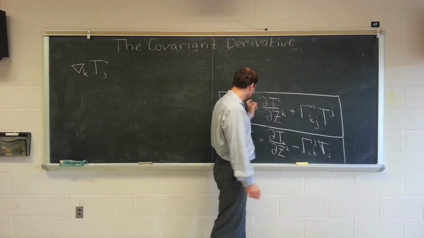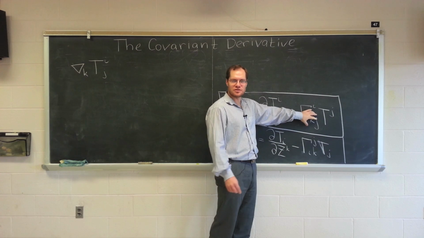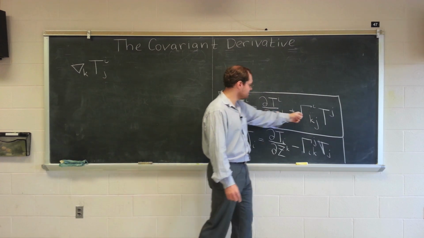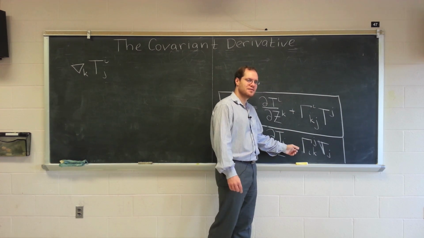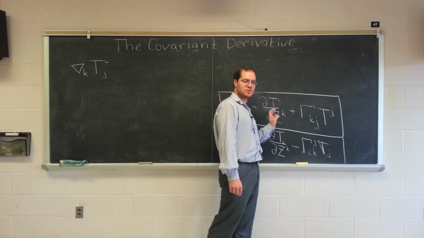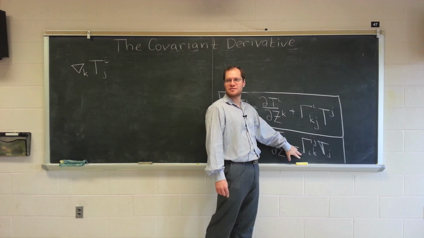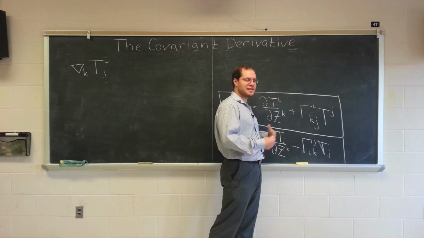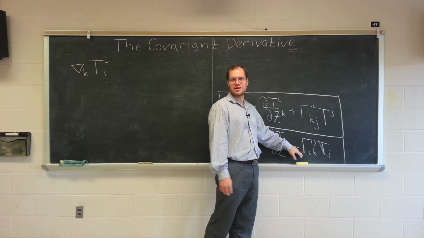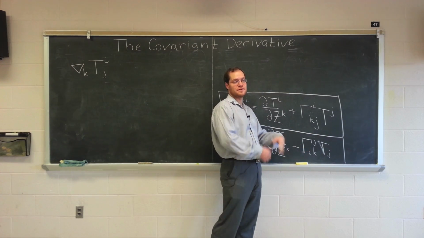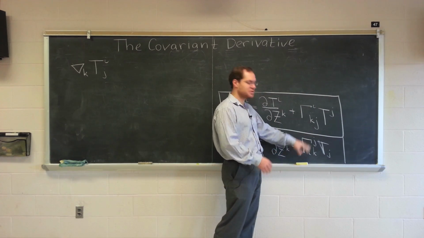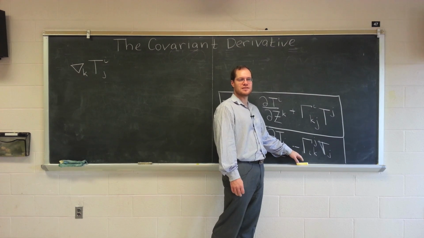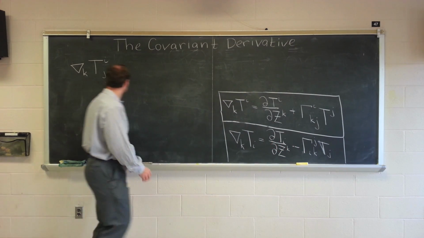So if there is only one index, there's one additional term. If it's contravariant, it's this. If it's covariant, it's this. But if there are two indices, there will be two additional terms, one for each index. You work on every index with its own Christoffel term. And if there are three indices, then there are three Christoffel terms, one for each index. So you operate on each index.